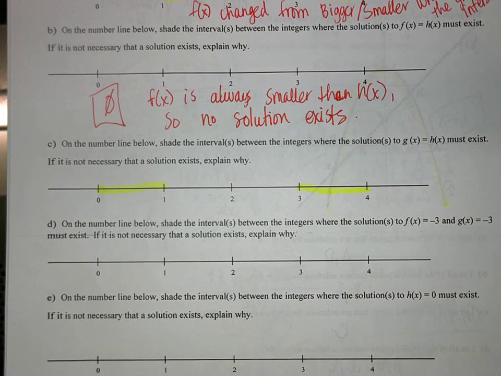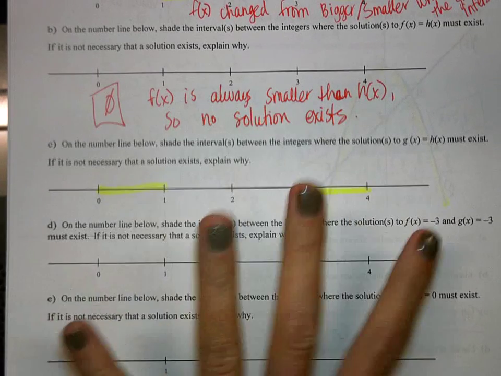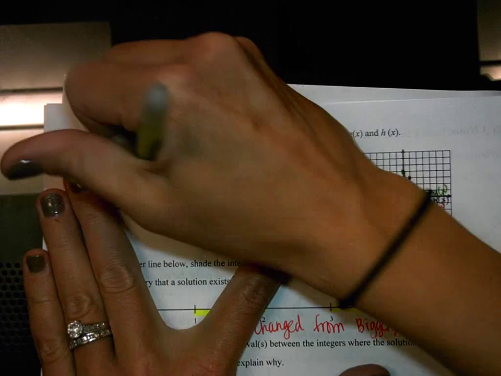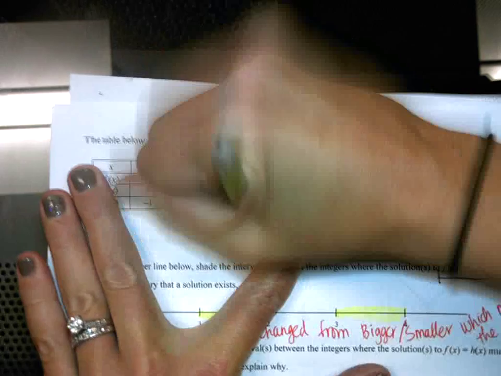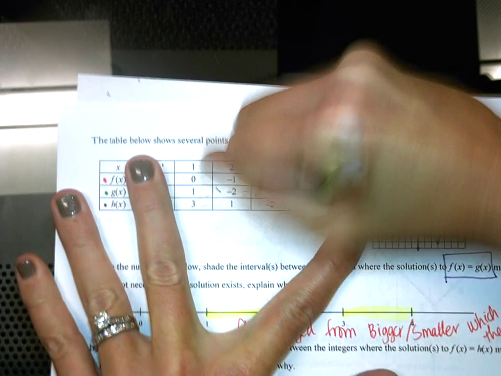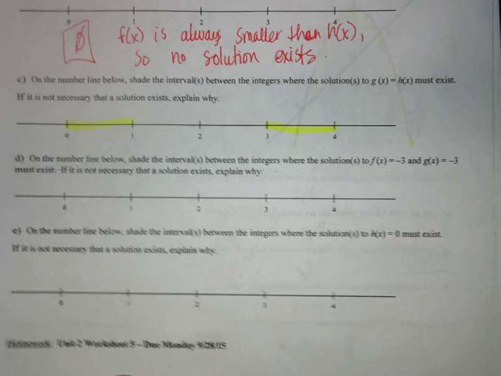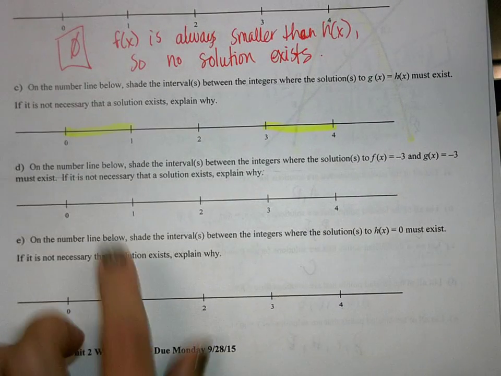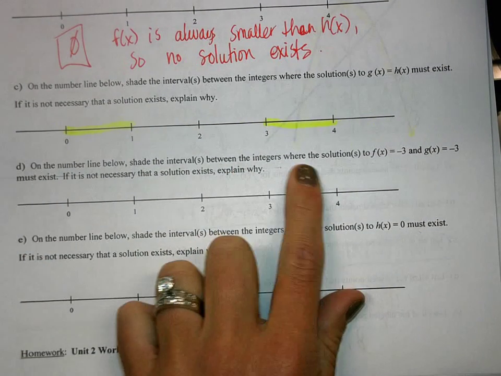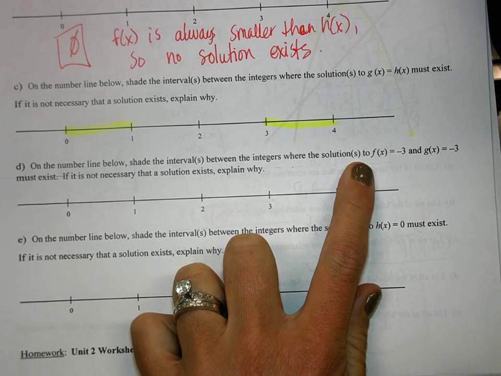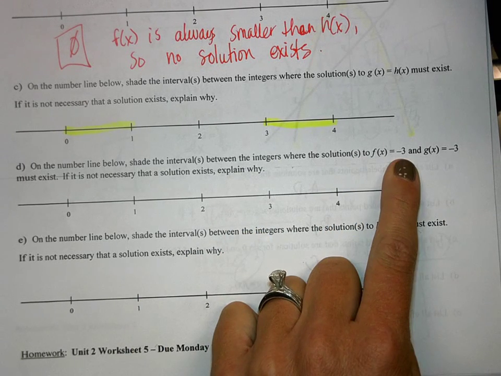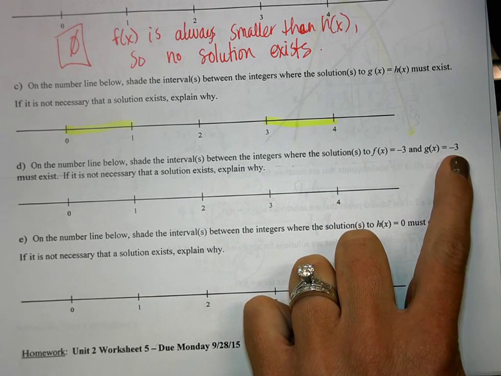All right. So I'm going to erase all that again. Okay, D. On D it says, on the number line below, shade the intervals between the integers where the solutions to f of x equals negative 3 and g of x equals negative 3 must exist.